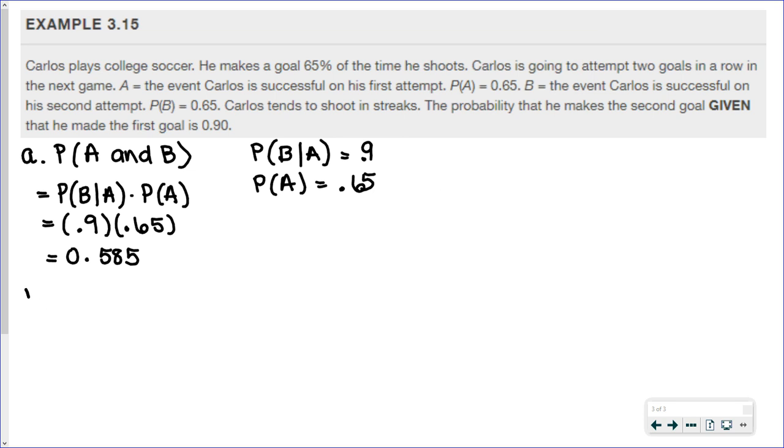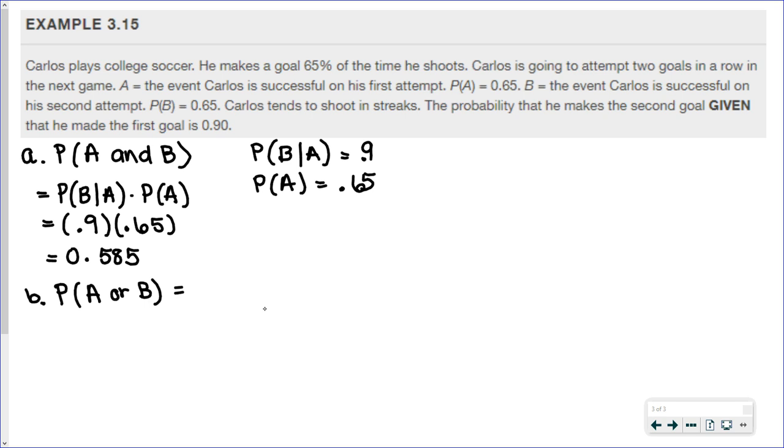Now, letter B. The next part of this question asks, what is the probability that Carlos makes either the first goal or the second goal? The big word here is or. So we're looking for the probability of A happening or B happening. Now we have that formula for this.